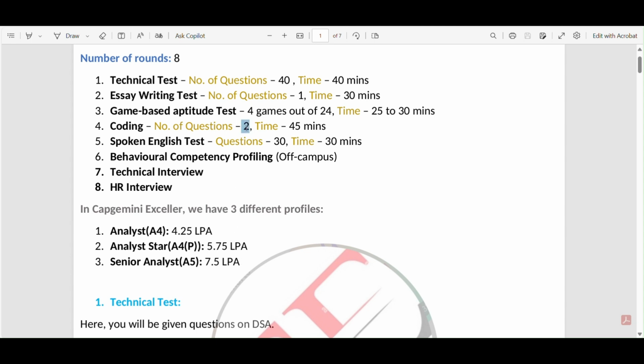Coding plus your interview will also be taken into consideration. Like that, if you solve only one, then you will be taken into 5.75 or 4.25. They will also consider the final interview round too.